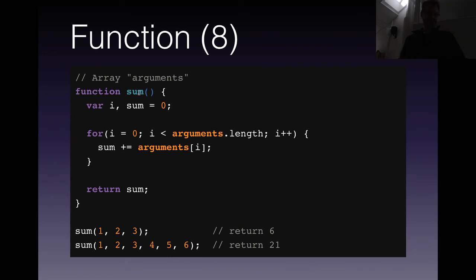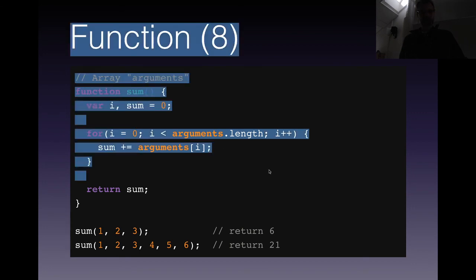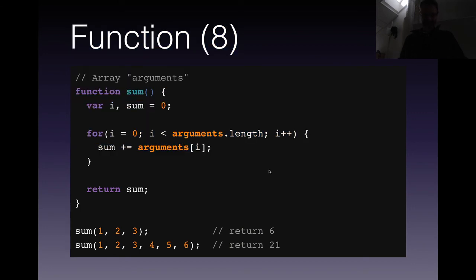This is just an example showing that there is a built-in variable or array that collects all the arguments sent to the function. So if you don't want to put them here, you could just walk through the arguments array and work with it. It's common in many languages to have such a setup.